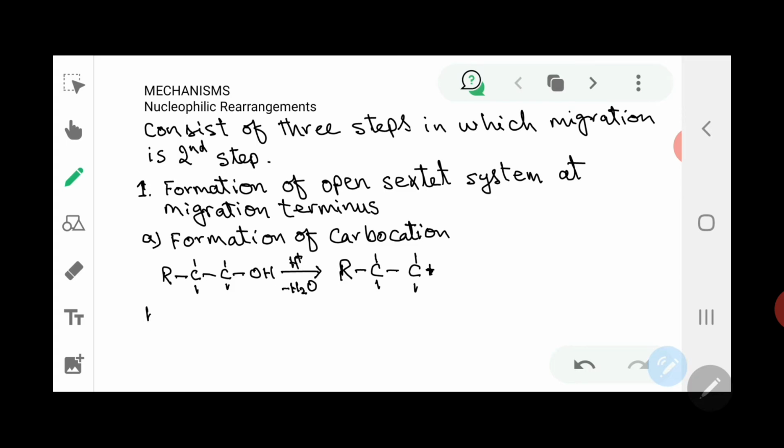In other atoms, we use an appropriate technique to form an open sextet system. In case of nitrogen, we will form nitrenes. By heating acyl azides, we can generate nitrenes. Formation of nitrenes.